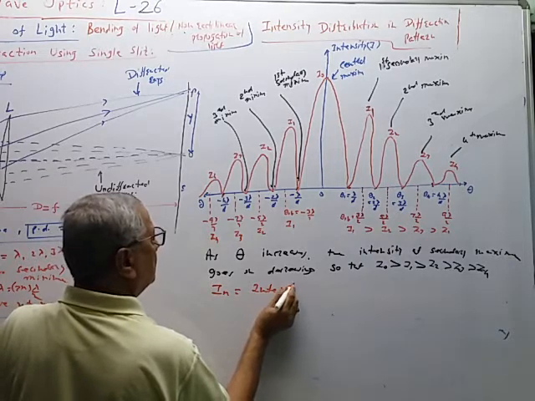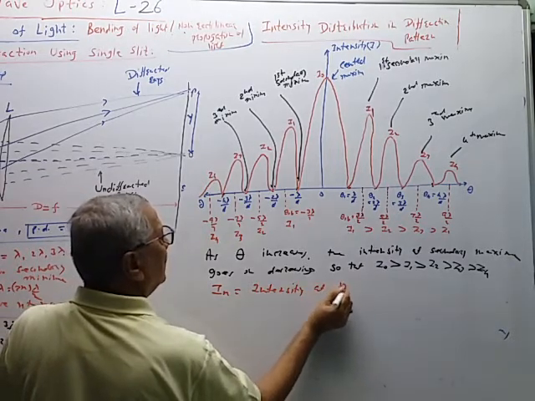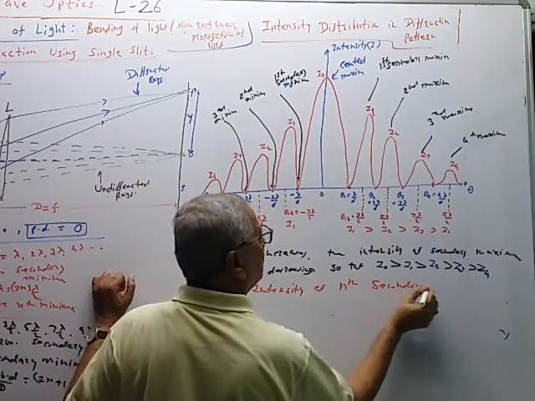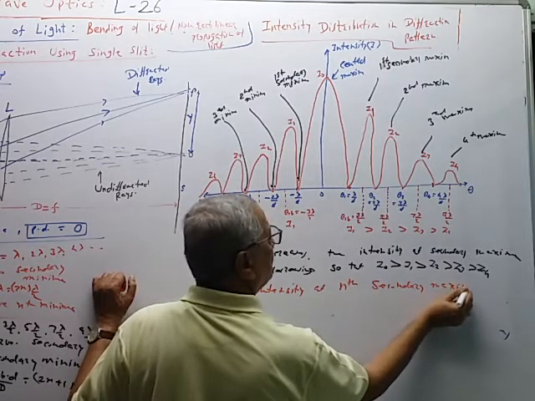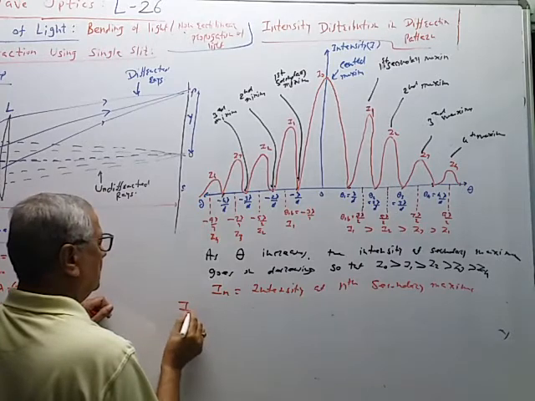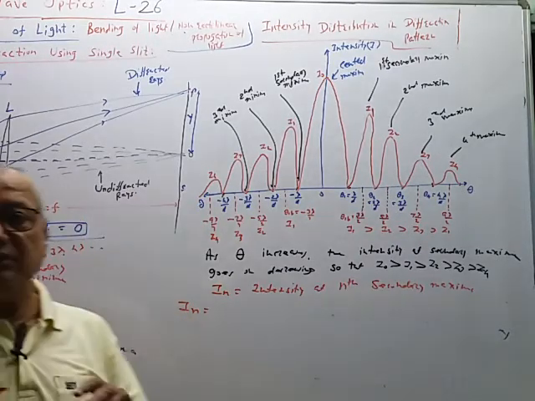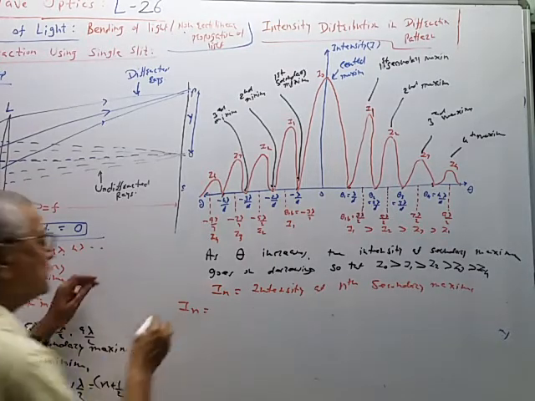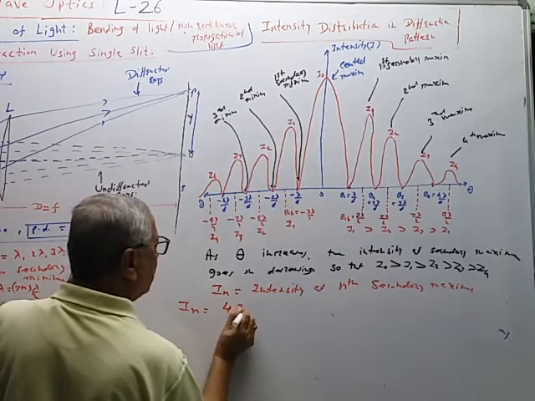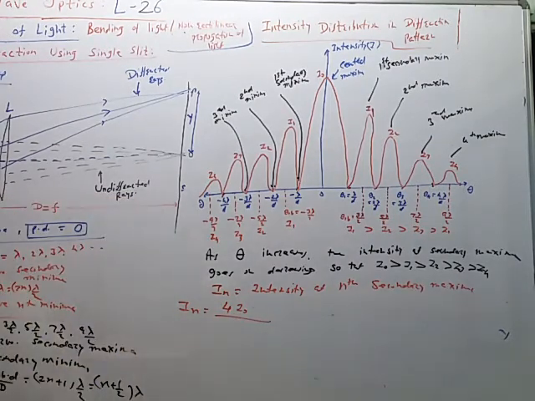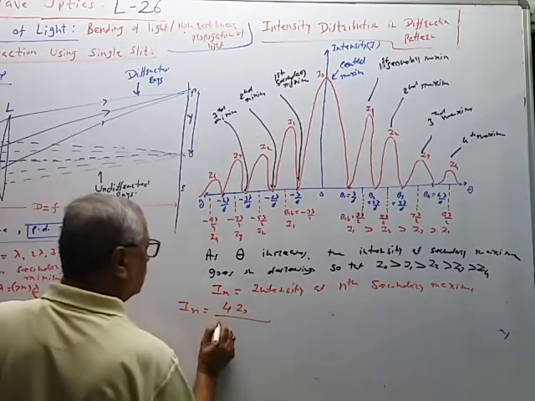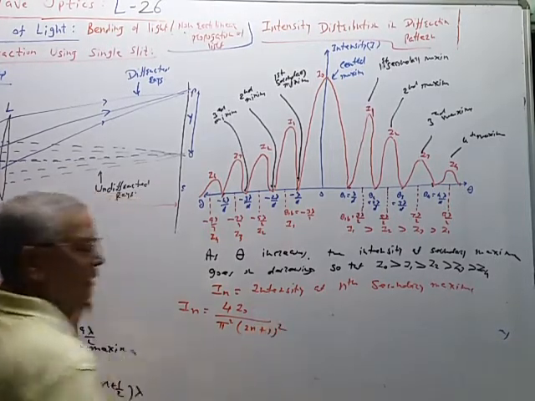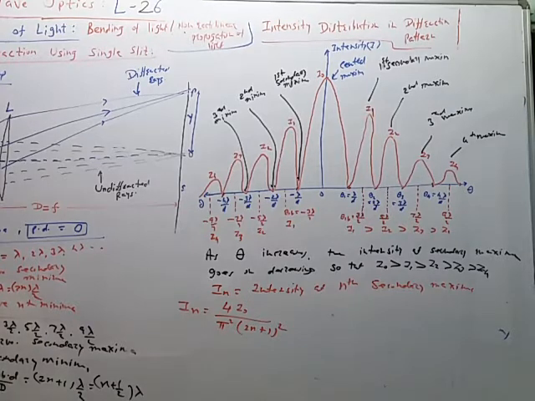This formula is not needed for the derivation, but it may be needed while drawing the graph or solving problems. So this is equal to 4 times I0, where I0 is the maximum intensity at the central maximum, upon pi square into (2n plus 1) whole square.